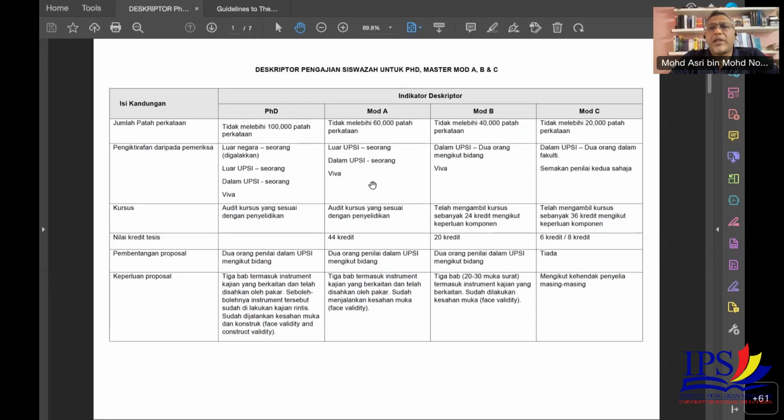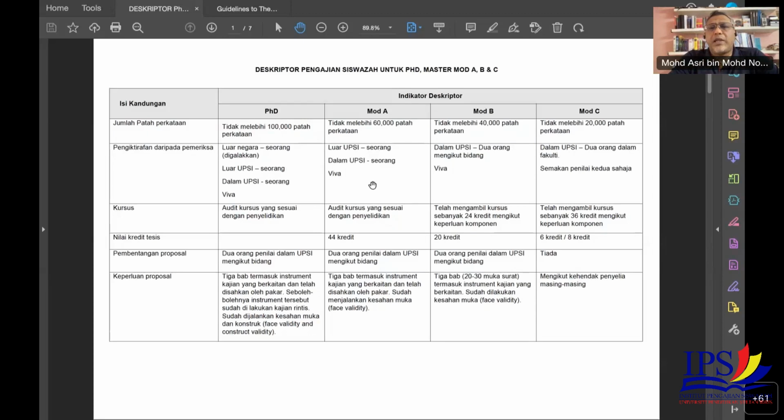Not only you, but also your supervisor sometimes needs to be reminded about this, that you are doing the MOHD project paper. The credit value is only 6 or 8, so the effort should be equivalent to 6 or 8 credit hours. Okay, both students and lecturers must understand this.